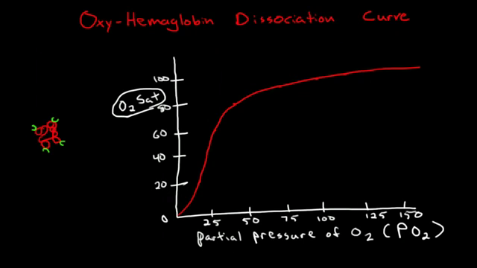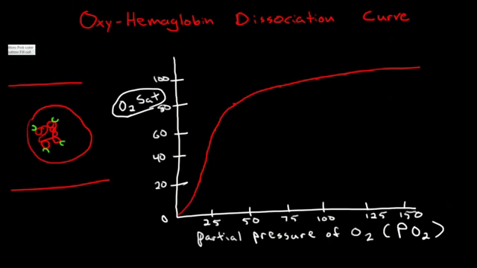Over to the left side here, I have a little picture of a hemoglobin molecule, and obviously that's going to be inside a red blood cell, and that red blood cell is going to be floating around inside a capillary.